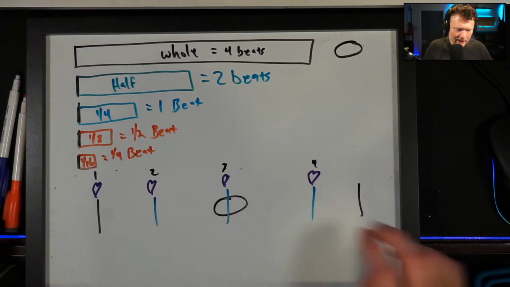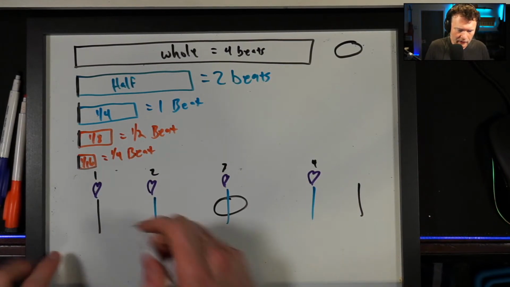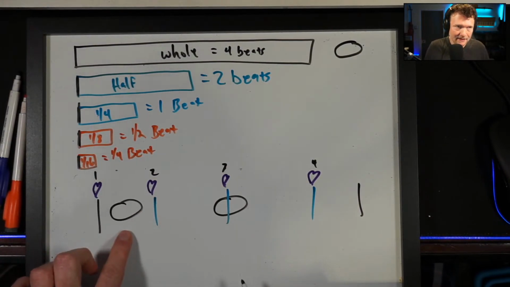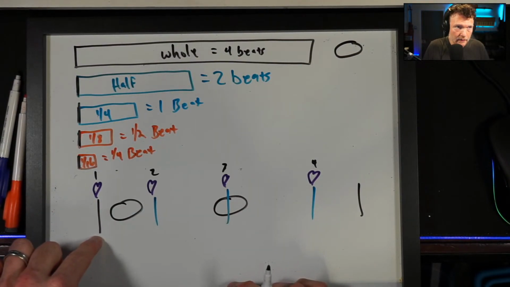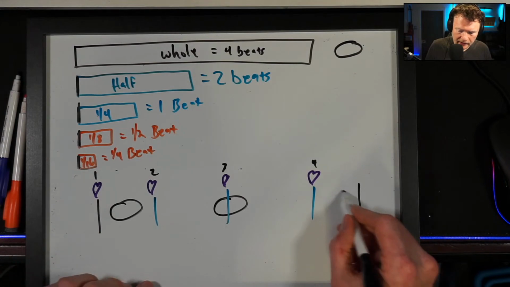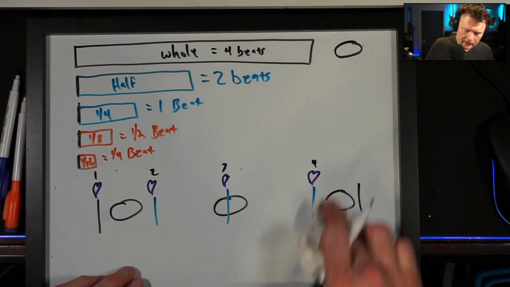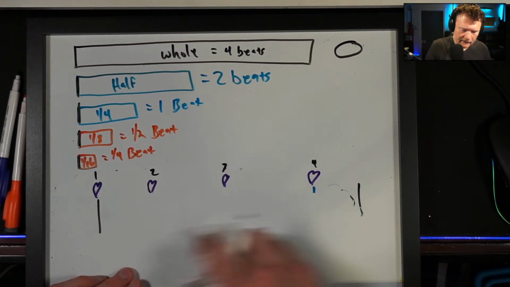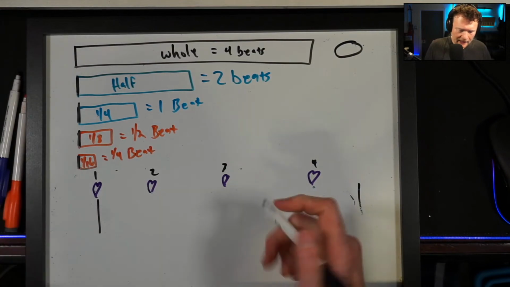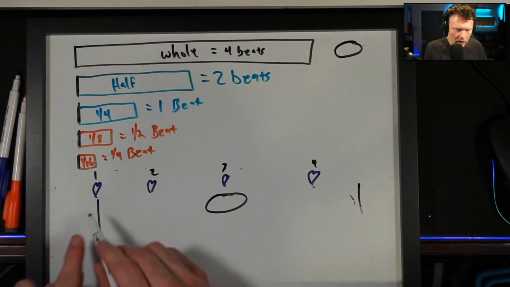It doesn't matter where in the measure the note is written. If the whole note was written like this, it's the same thing. You'd play it starting on the 1. If it was written over here, you would still play it on the 1. Usually people put the notes right in the middle, especially a whole note, to even out the space, but just know that this note starts on 1.